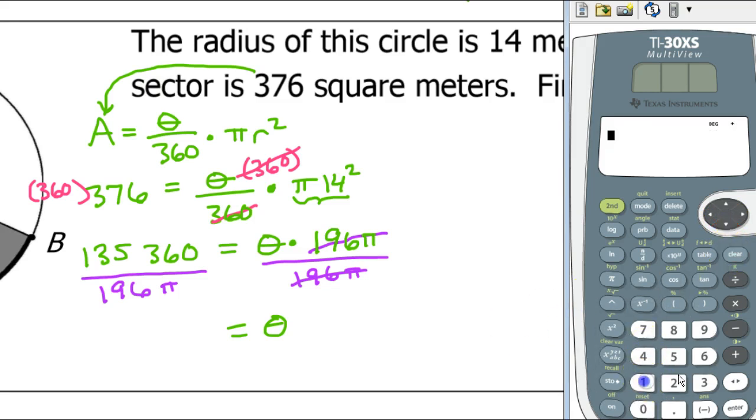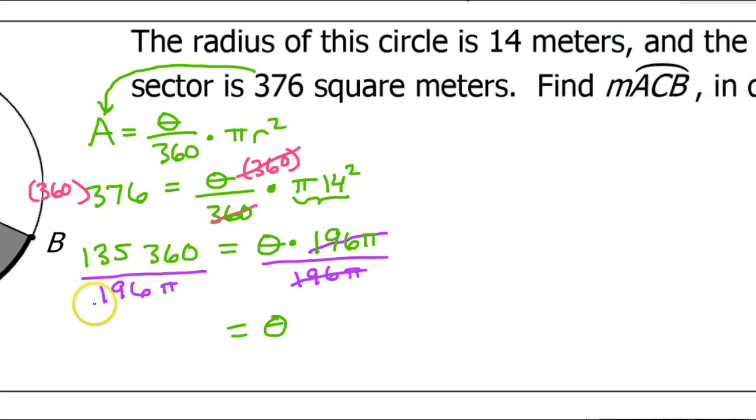So I'm going to do 135,360 over 196 pi. So that is 219.83 degrees.